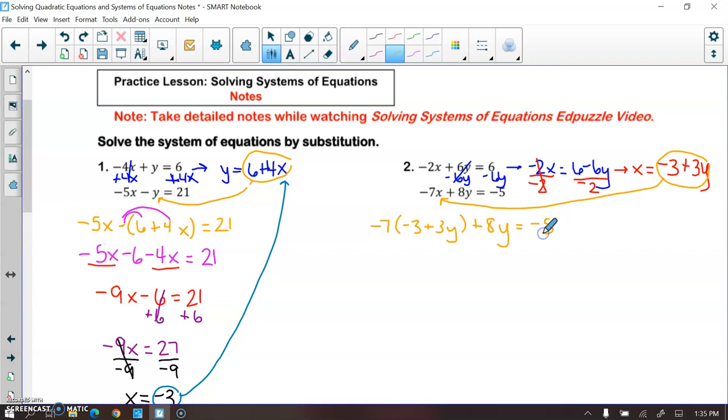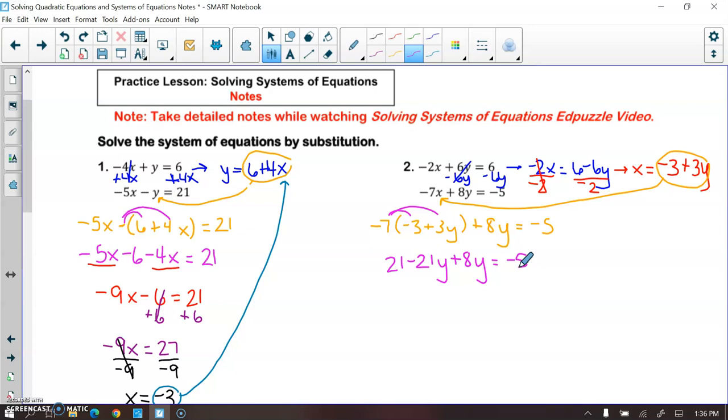Using the distributive property, I'm going to distribute that negative in. So I have a positive 21 minus 21y plus 8y is equal to negative 5. I am now going to combine like terms.